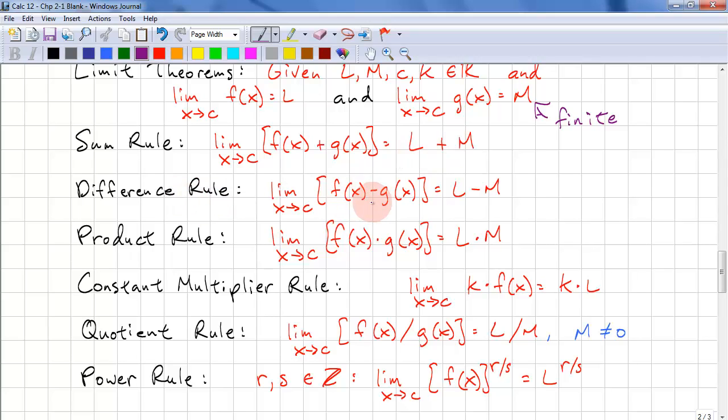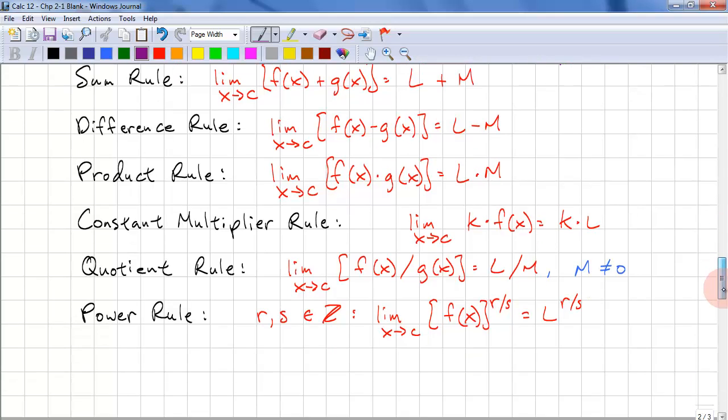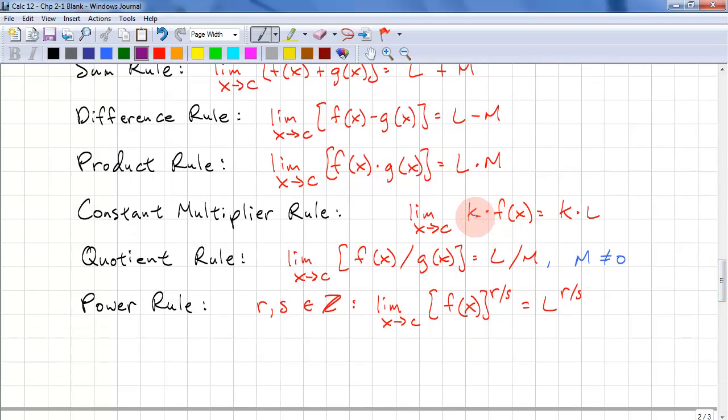Difference rule, f of x minus g of x, the limit as x approaches c, will just equal L minus m. And these should just be fairly common sense. Constant multiplier. We just pull the k outside, and then we have limit f of x, which is L, and so we just have k times L.